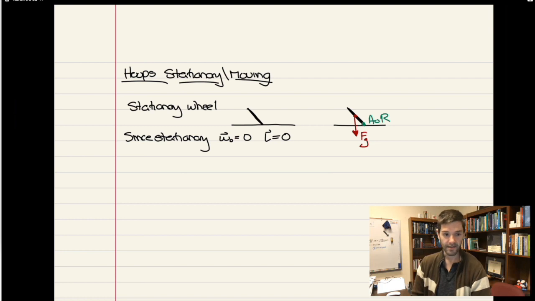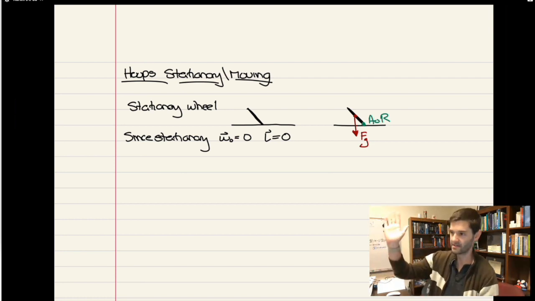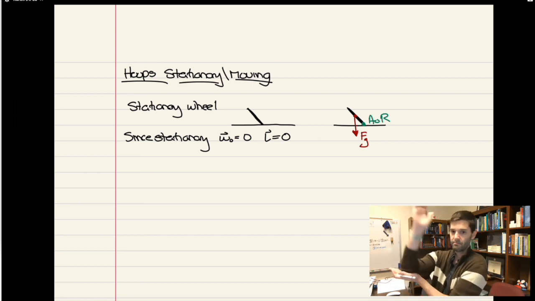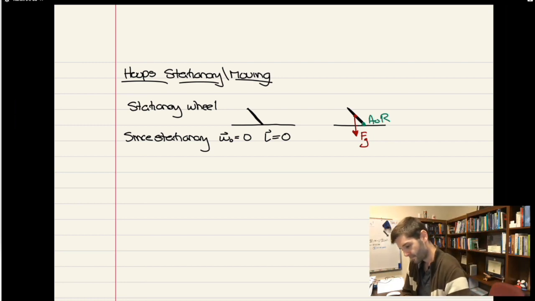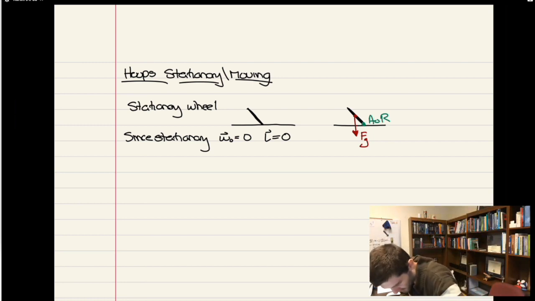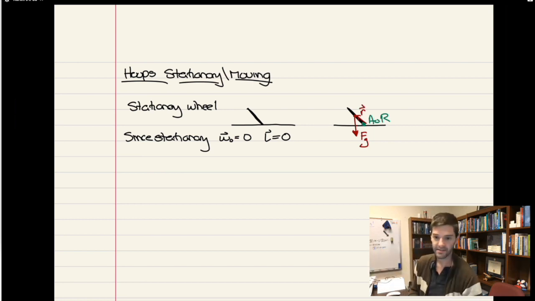We can argue why that is the case by saying, okay, if the wheel is rotating about the bottom as it just plops, its axis of rotation is where it's in contact with the ground. So then there is a moment arm that goes from the axis of rotation out to the point where gravity is acting.